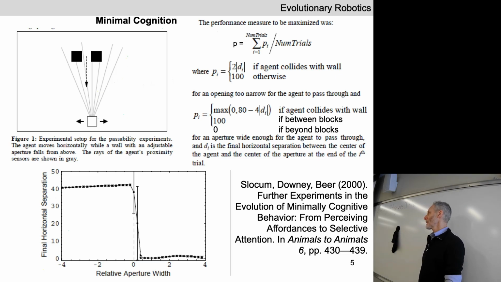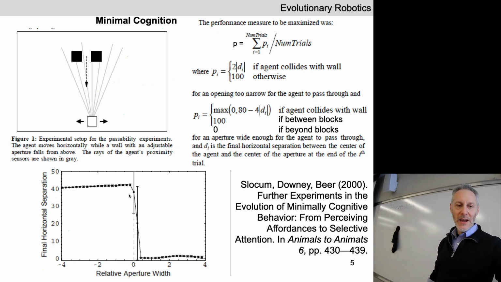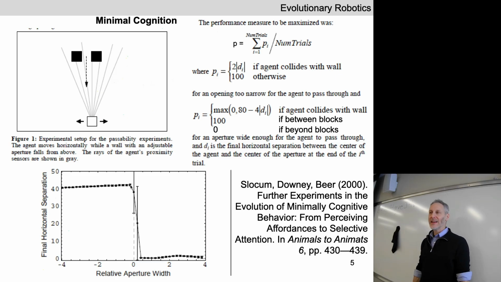It's just interesting to me that that's only on the one side. Exactly. So let's look on the other side here, this point here. Here the gap is just a little bit too narrow. What does the robot do in this case when the gap is just a little bit too narrow to get through? Get the heck out of the way.